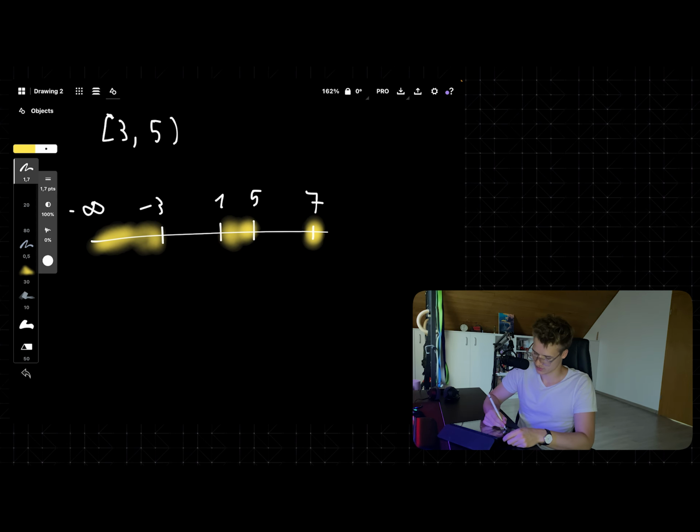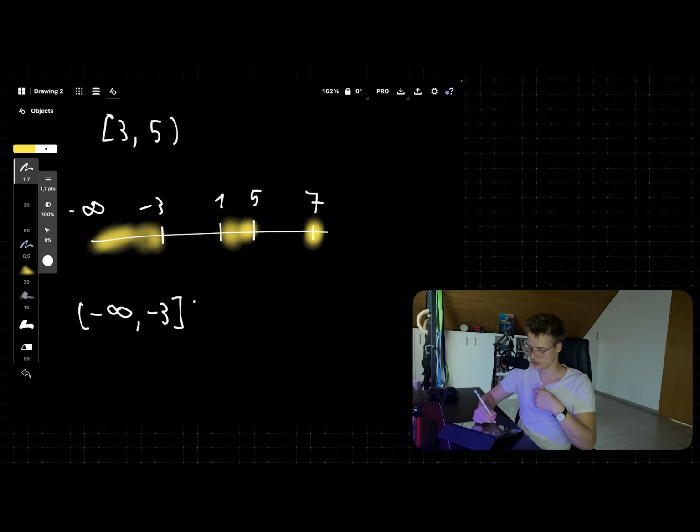So we do not actually ever touch infinity, so we have a parenthesis, negative infinity, and we end at 3. We see if it's including or excluding. In our case, let's say it's including negative 3, my bad. So we would say minus 3 inclusive, you use a bracket.